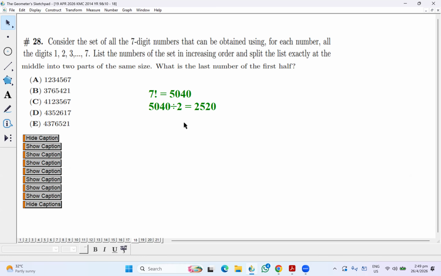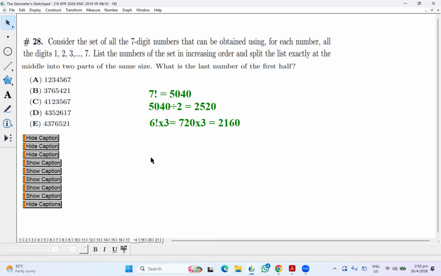So you want the first 2520 numbers. So we study it for a while. 6 factorial times 3. I fix the first number, so arrange the last 6. The first number, of course, 1, and then the rest move around. Then the second number 2, then the third number 3.